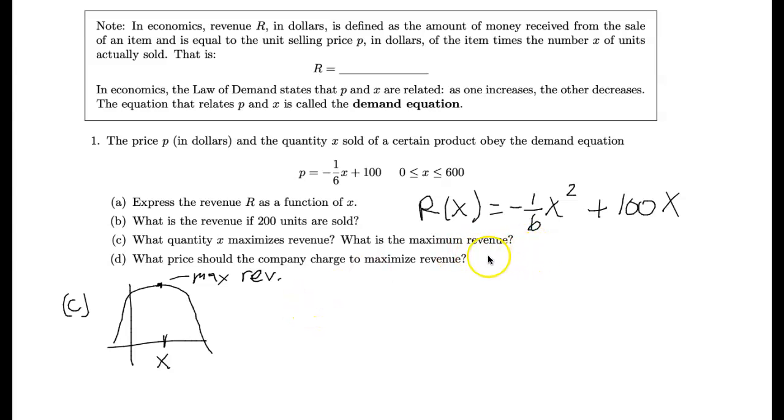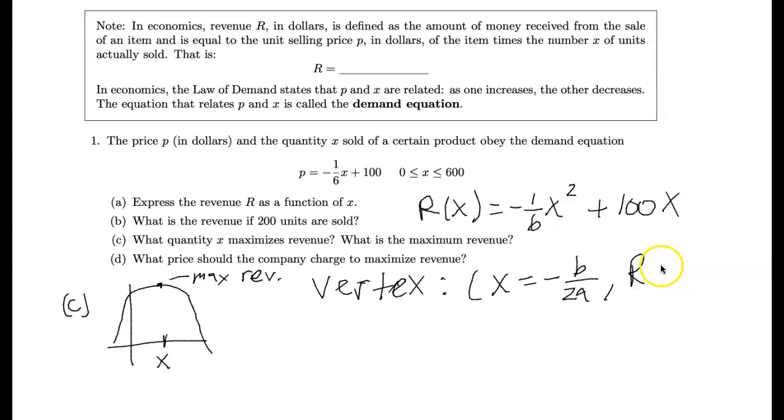You have some options on how to find the vertex of a parabola, but I would go with finding X equals -b over 2a, and then R of -b over 2a.